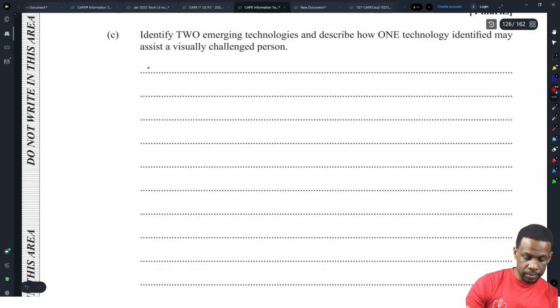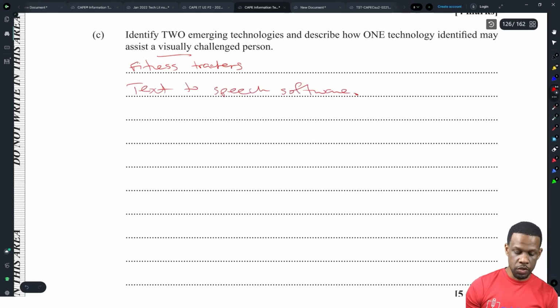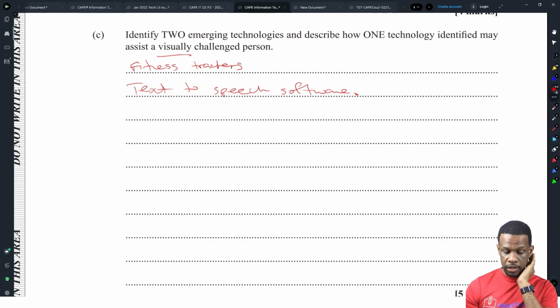Alright, let's go with fitness trackers. And the next one, for a visually challenged person, would be text-to-speech software. Right, so I give them fitness trackers, text-to-speech software. Now we have 3 more marks to justify why text-to-speech software will be good for the visually impaired.